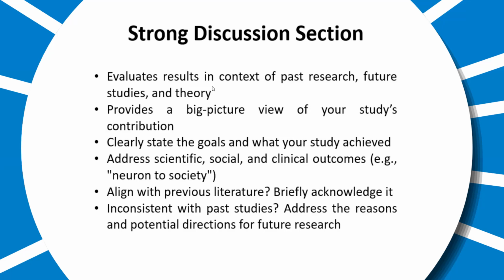On the other hand, you don't need to mention every study that supports or contradicts your findings. For example, if your results align with previous literature, it is enough to briefly and clearly state that. But if your findings don't match earlier studies, you need to convince the reader that this inconsistency isn't due to statistical errors, sample size issues, or other mistakes.